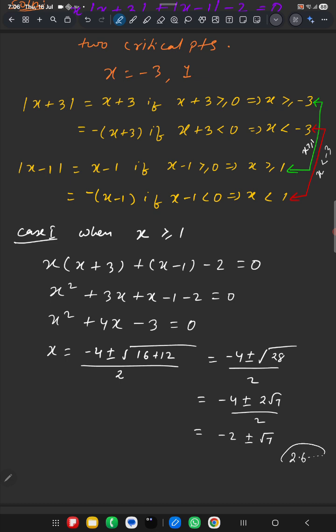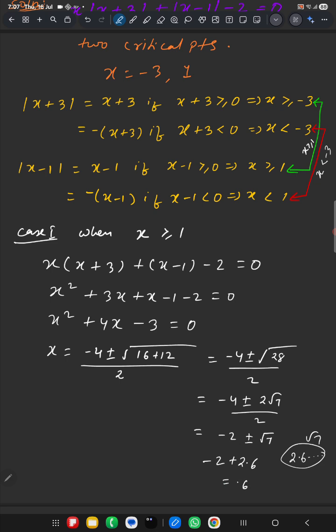With the plus sign, −2 + 2.6 gives a positive value, about 0.6.